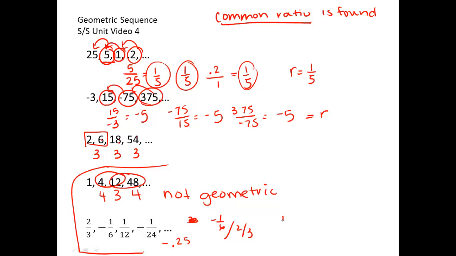I'm going to do the next one. 1/12 divided by -1/6. Again, make sure you're using parentheses. And that time I got -0.5. Because the ratio is different here than it is here, this one is also not geometric.